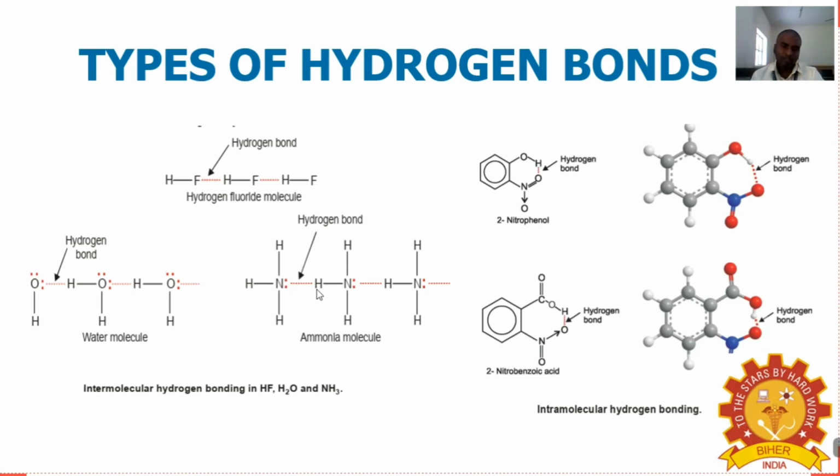The interaction within the same molecule is called intramolecular hydrogen bonding. The interaction between hydrogen and nitrogen or oxygen or any other atoms having lone pairs of electrons in different molecules is called intermolecular hydrogen bonding.